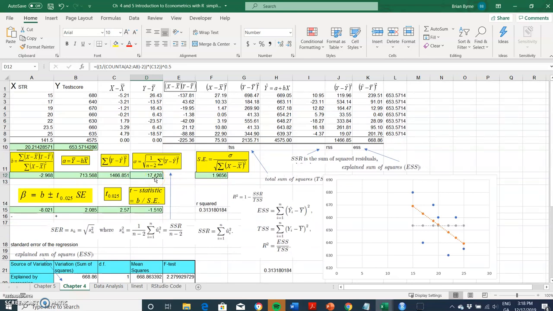Once we have obtained the standard error of the regression, we can then go on and estimate the standard error of the coefficient associated with the student-teacher ratio. Okay, so if we take that sigma, the standard error of the regression, and then in turn divide that by the square root of the sum of x minus x bar, squared. So recall, we've already estimated that sum of x minus x bar squared.